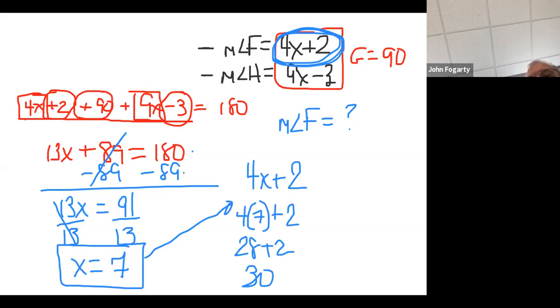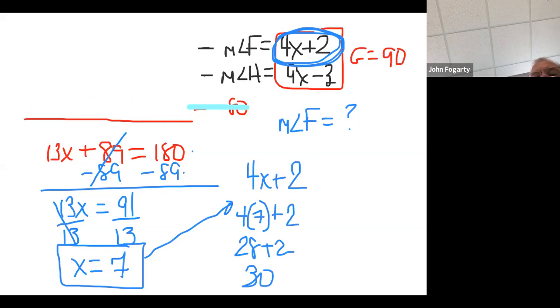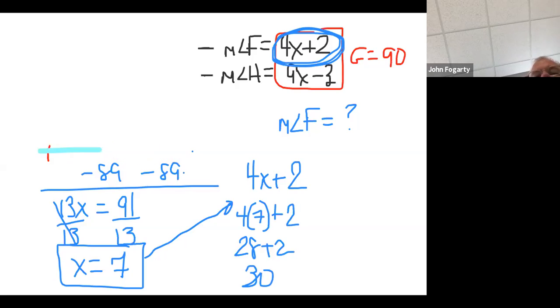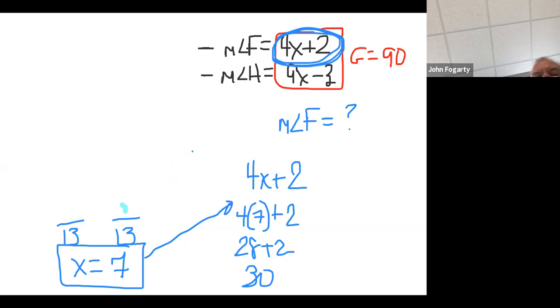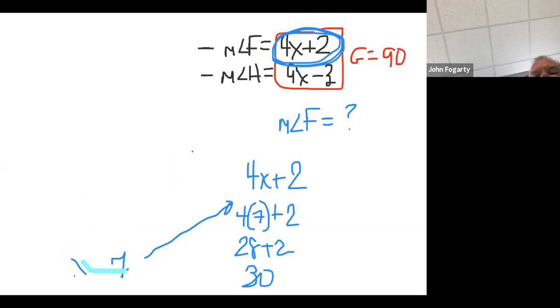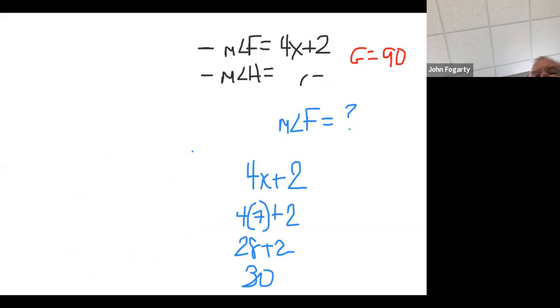What if I said, what's the measure of angle H? Well, I know what x is. We figured out what x is. We know x is 7. So all I got to do is take what H is. We said H was what? 9x minus 3.